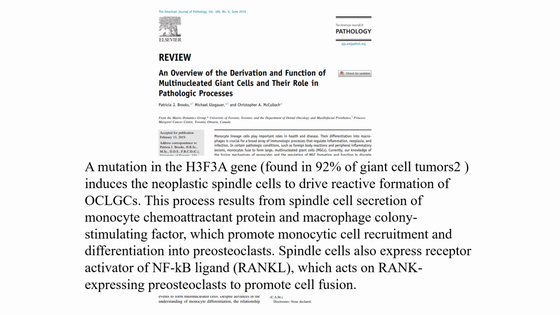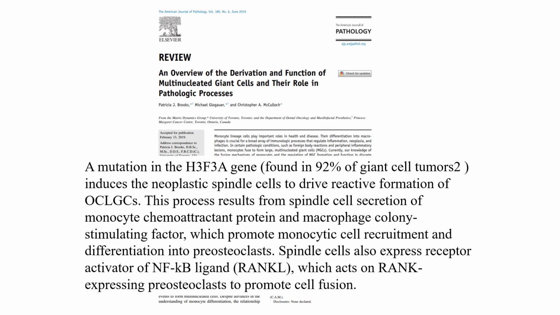So there is a question of how neoplastic spindle cells activate formation of osteoclast-like giant cells in the bone. This interesting article written by Dr. Brooks and colleagues, published in Pathology, tried to explain the mechanism. According to the paper, a mutation in the H3F3A gene, which is found in about 92% of giant cell tumors, induces the neoplastic spindle cells to drive reactive formation of osteoclast-like giant cells.